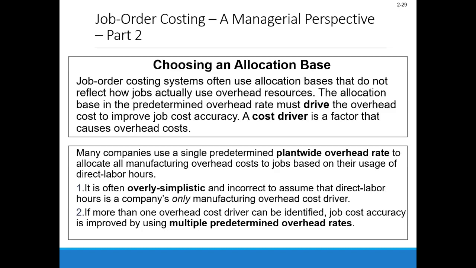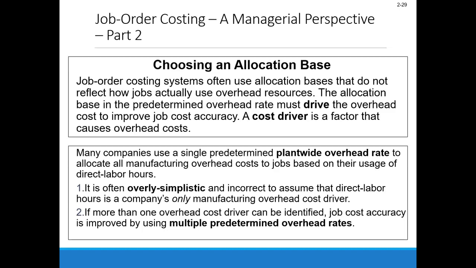Sometimes they use allocation bases that don't really reflect how jobs actually use resources. The allocation base in the predetermined overhead rate must drive, it must be the force behind the overhead. A cost driver is a factor that causes overhead costs. Now, these plant-wide rates are often used, but it's simplistic. One, it doesn't always work for all departments.